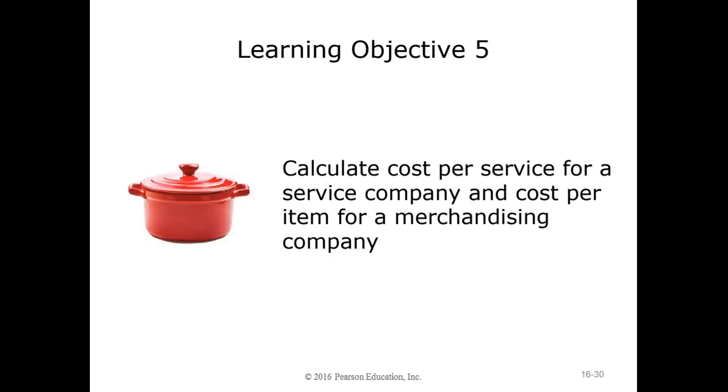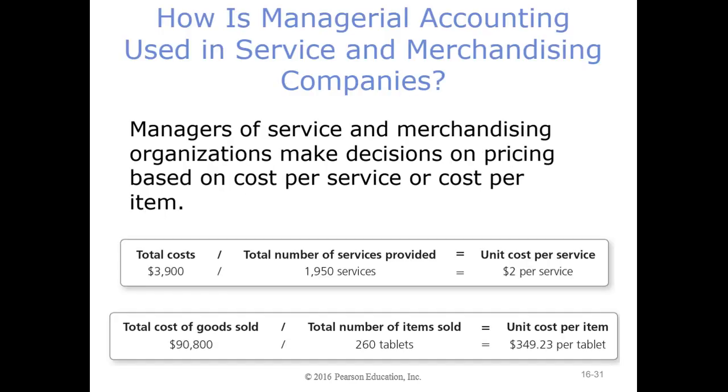All right. So calculate the cost per service for a service company and cost per item for a merchandising company. How is managerial accounting used in service and merchandising companies? Managers of a service and merchandising organization make decisions on pricing based on cost per service or cost per item.